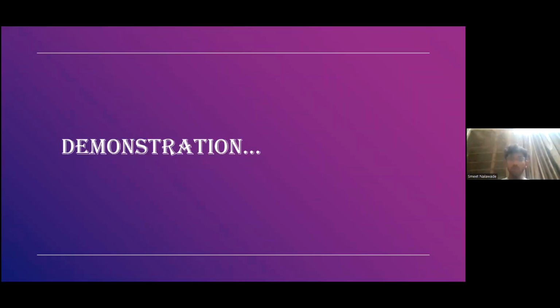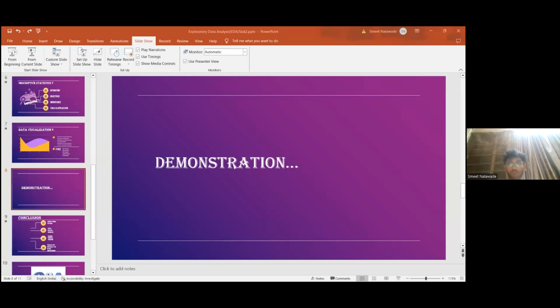So let's move towards the demonstration. Before getting into this, we have already imported our dataset into the Jupyter notebook.